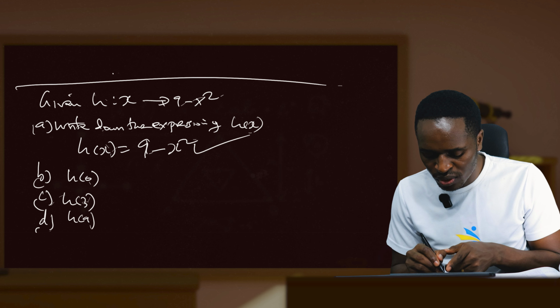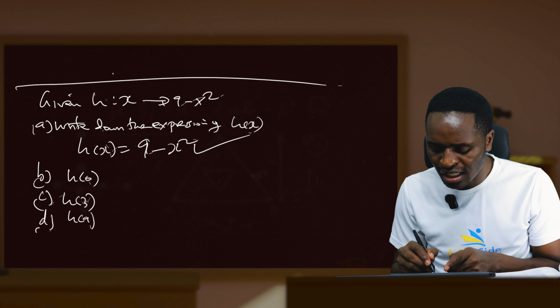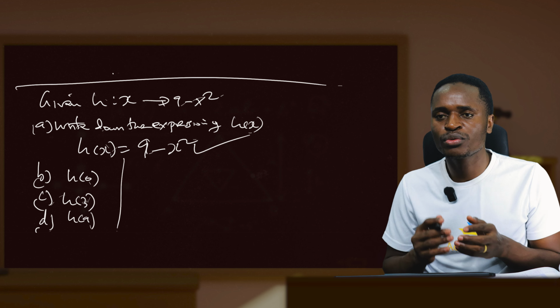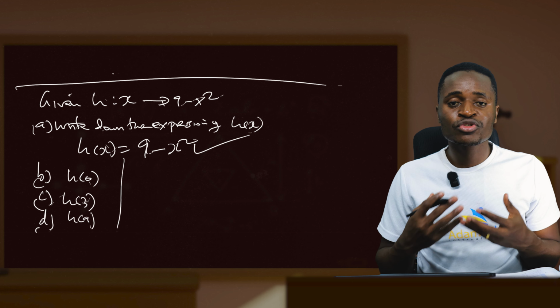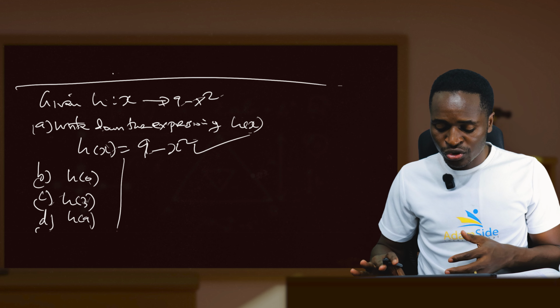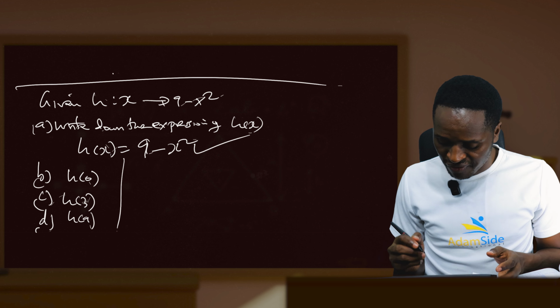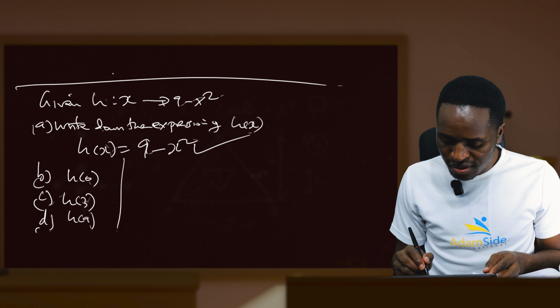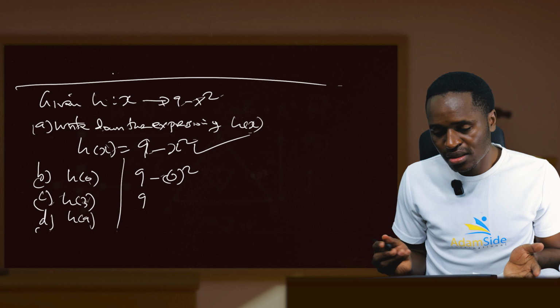When they do this, you replace with 3 because it's an input to get an output. In all these examples, they are trying to make us get the output of the function. So what we basically do, you say 9 minus 0 squared. That will be 9 minus 0, which is 0 squared is 0.